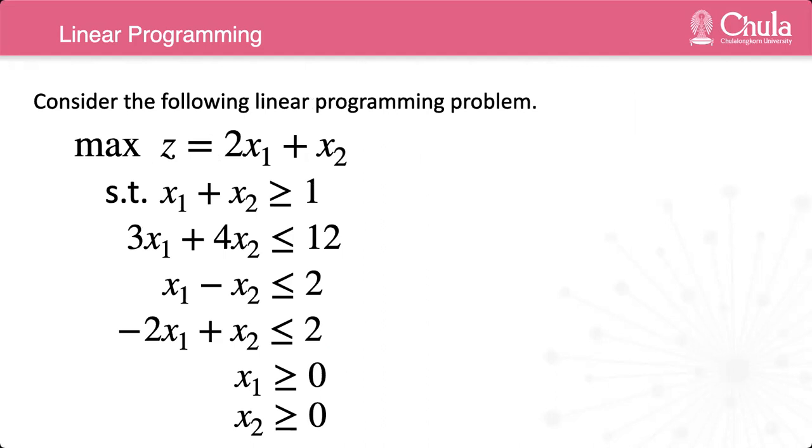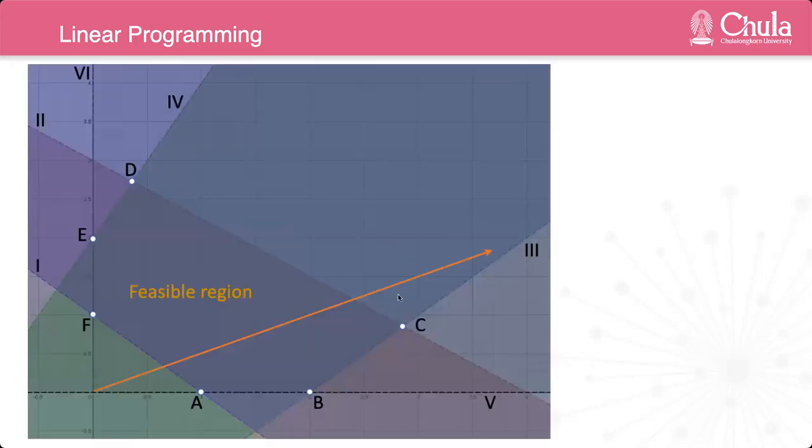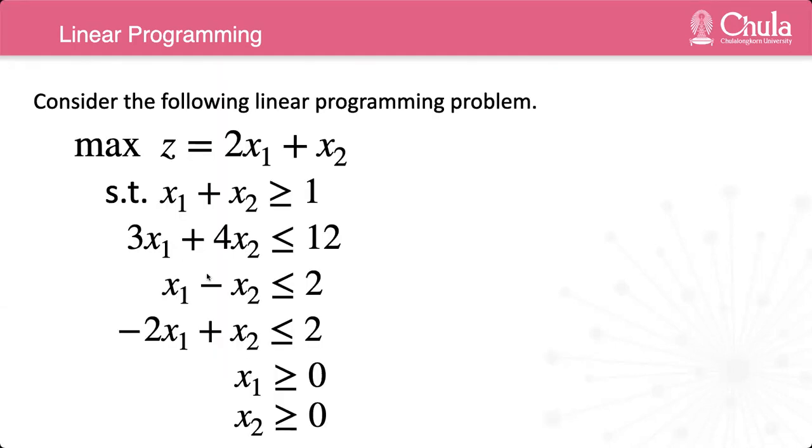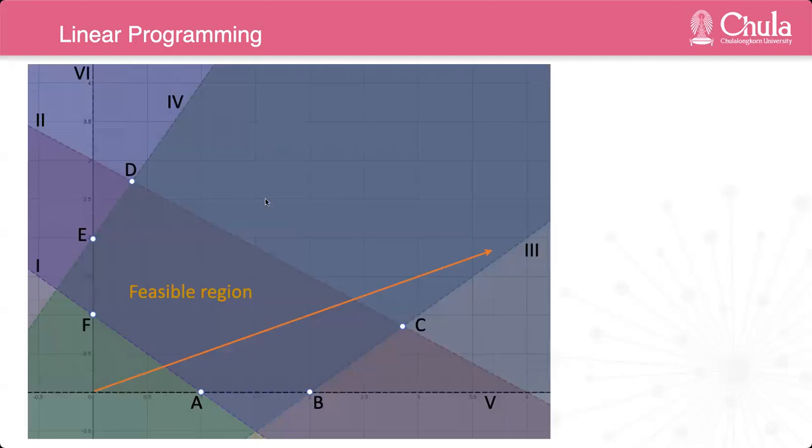To solve this problem, where should we start? We learned about the graphical technique, right? The first thing, we draw the graph x1, x2. We draw each constraint. This is the first constraint, and it is greater or equal, so it should be above this line.